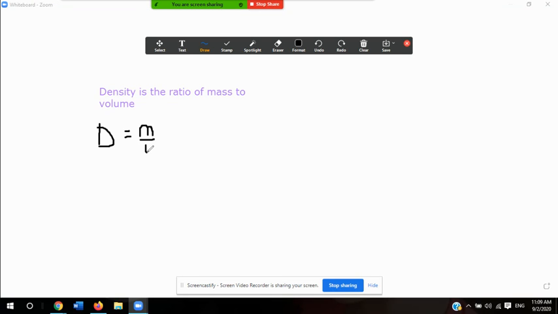And density is used because, and again, this is very important, and let me actually write it down, it says that different substances contain different masses per volume.